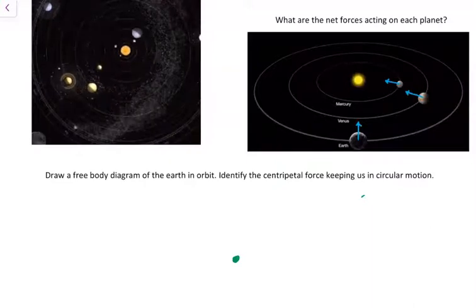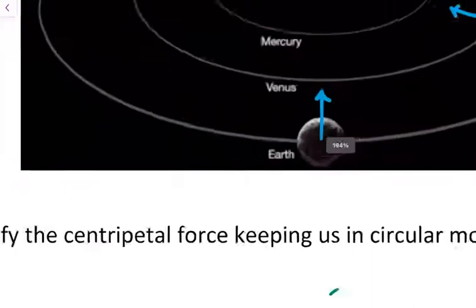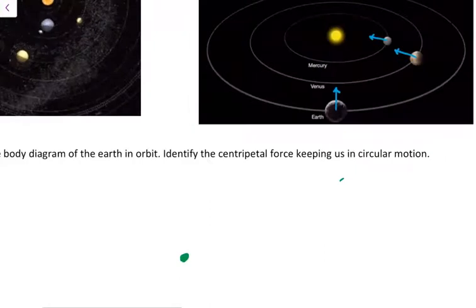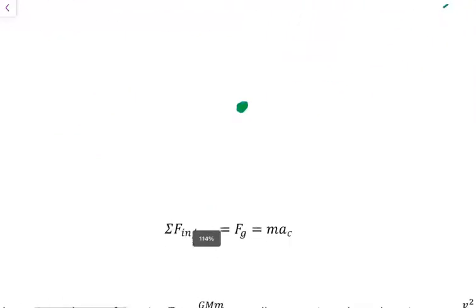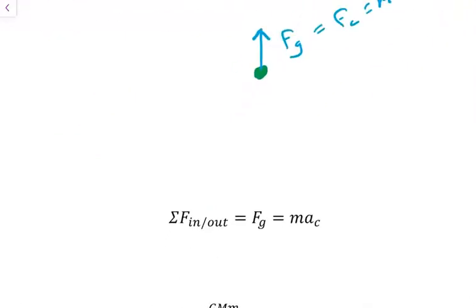So let's look at Earth in this position. There would be a net inward force, and that is the force of gravity. And we know that that is our centripetal force, so that equals m a_c. So that is our net force going in.